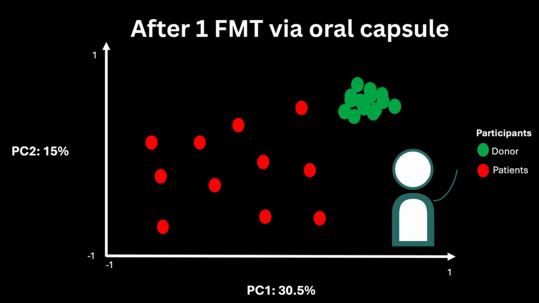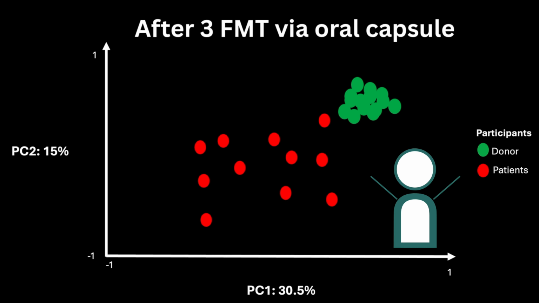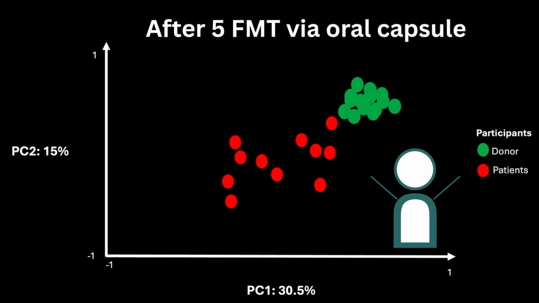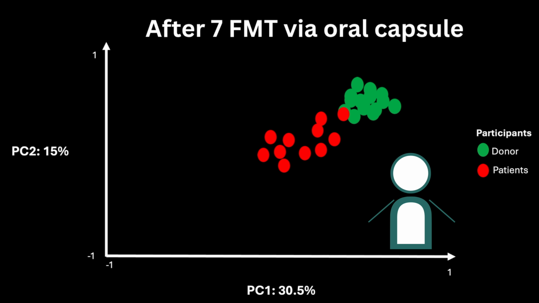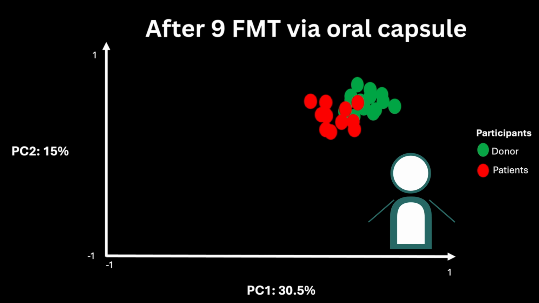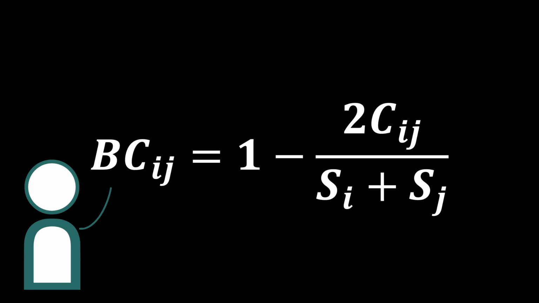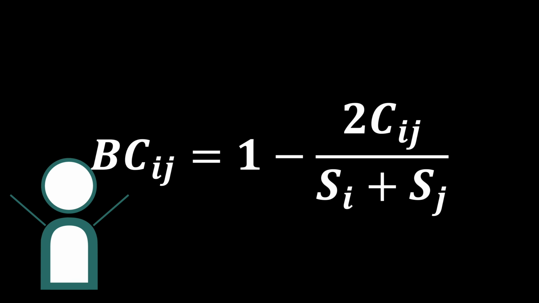For this, the researchers look at beta diversity, which compares the overall structures of communities. So for the statistical side, the Bray-Curtis dissimilarity is the go-to metric for visualizing how different two samples are.